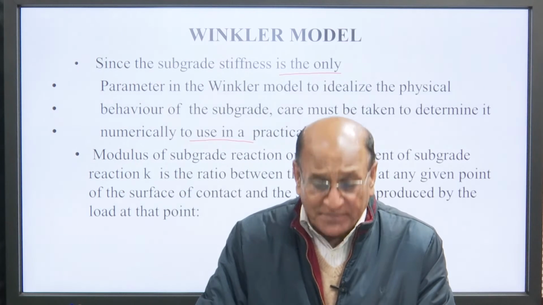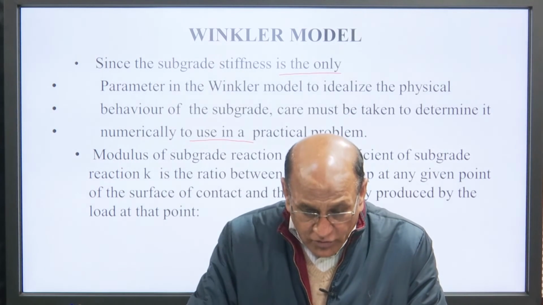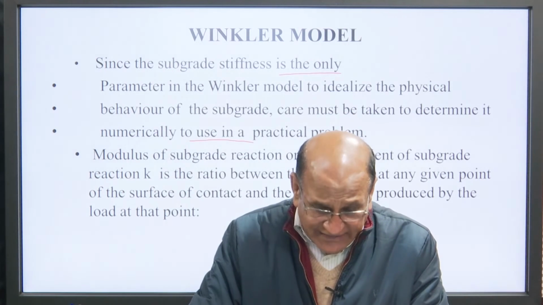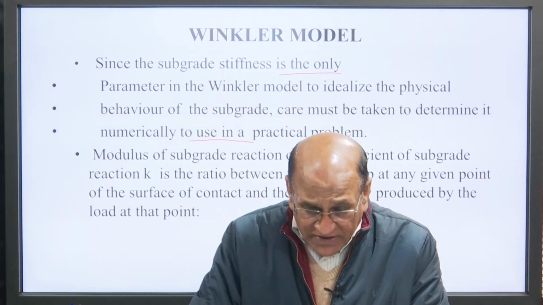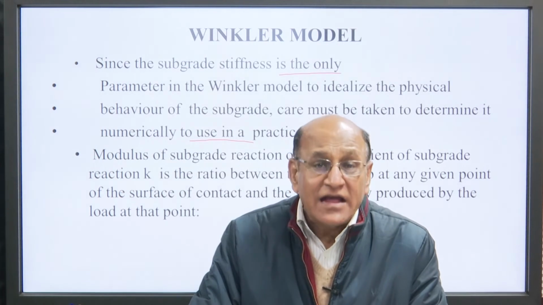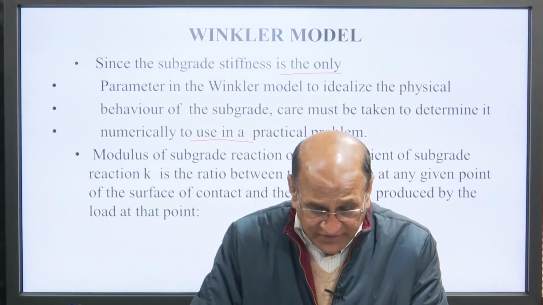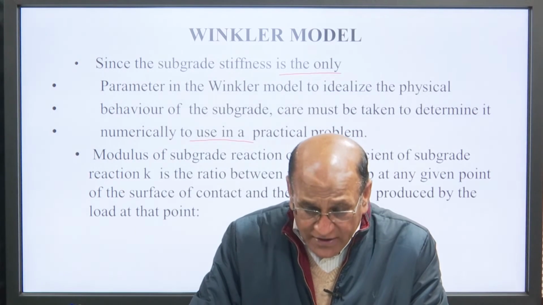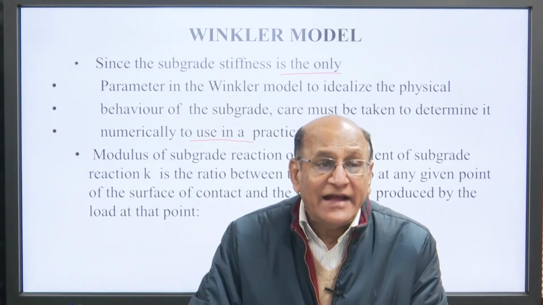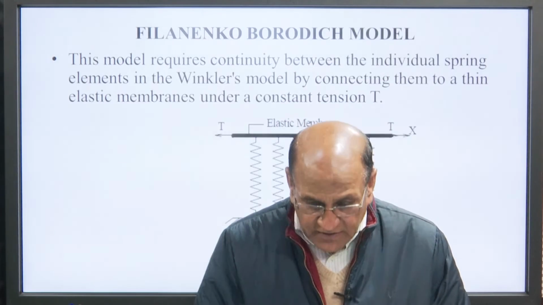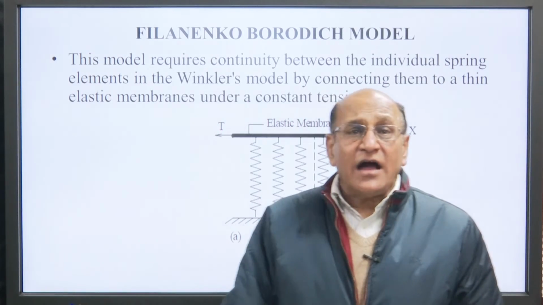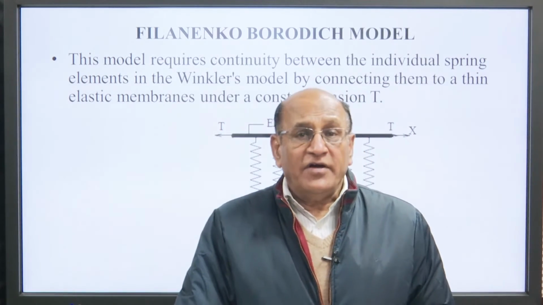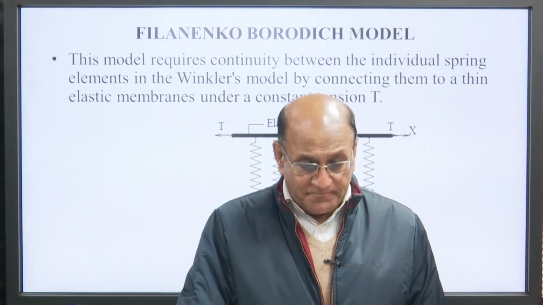The modulus of subgrade reaction or coefficient of subgrade reaction K is the ratio between the pressure P at any given point of the surface of contact and the settlement Y produced by the load at that point. So, this is the first model of elastic behavior of the soil.